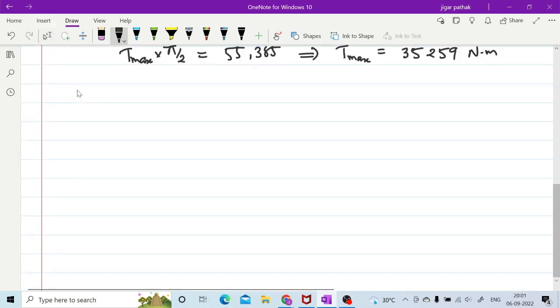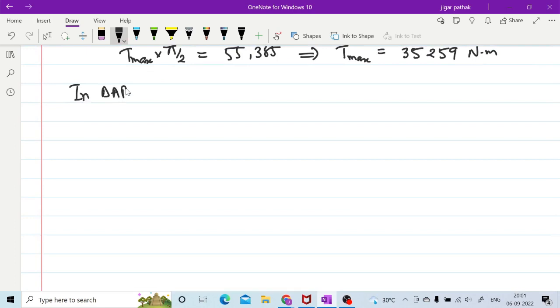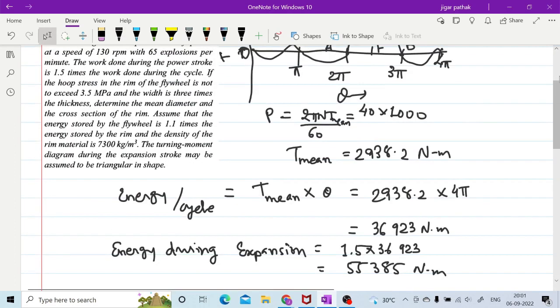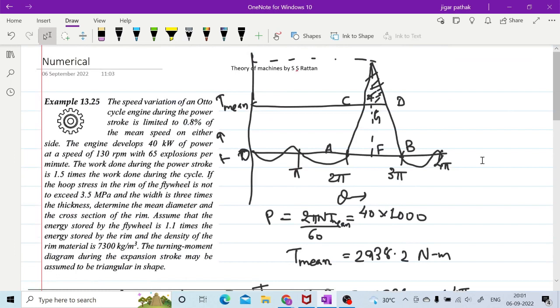Once you have this, you can go for this in triangle ABE. I will go to that slide. CD upon AB is equal to EG upon EF, from similar triangles. Now let us see in that figure where that ABE is.